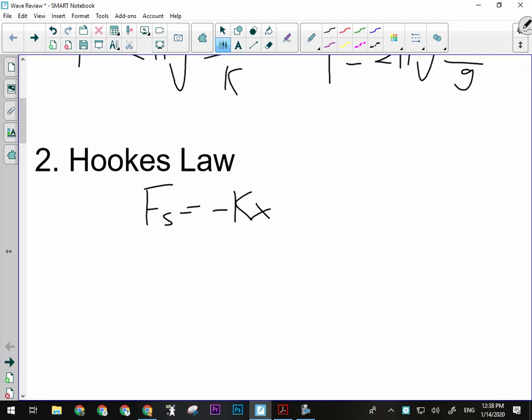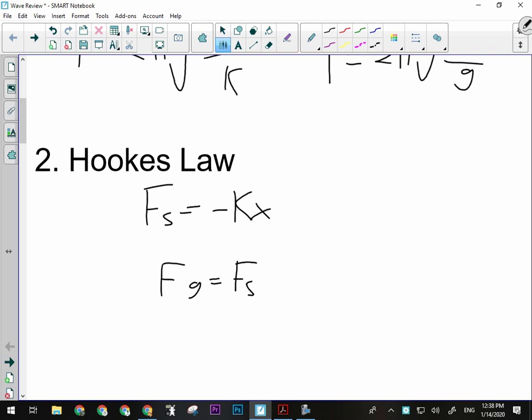Okay? Or it may not be oscillating at all. Right? If the object is just hanging from a roof, then it can't be a conservation of energy question because it's not moving. Right? It has to be moving for a law of conservation of energy question. All right, so make sure you're looking at that. We also said that if it's a hanging object, that the force of gravity would equal the force in the spring.